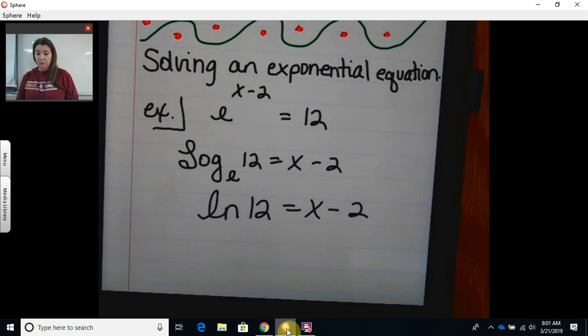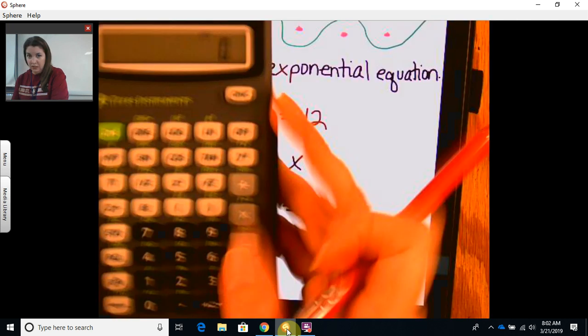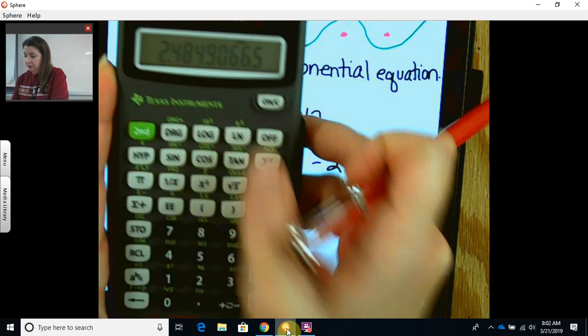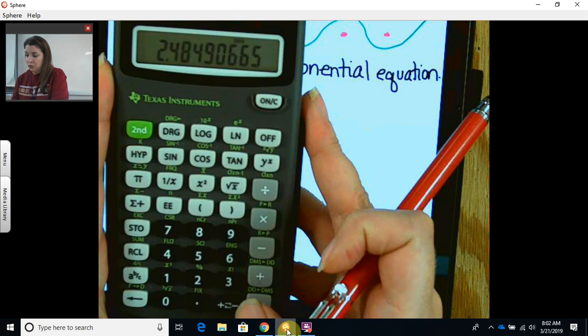So what do you think you put in your calculator? 12, if you're using the TI-30XA, you're going to put the 12 in first. You know how it's backwards than most other calculators. And then you'll hit the natural log button. And so the natural log of 12 is approximately, let's go with 2.48.